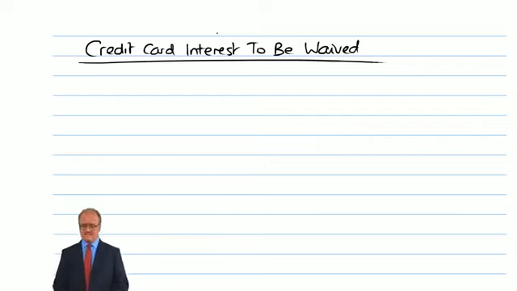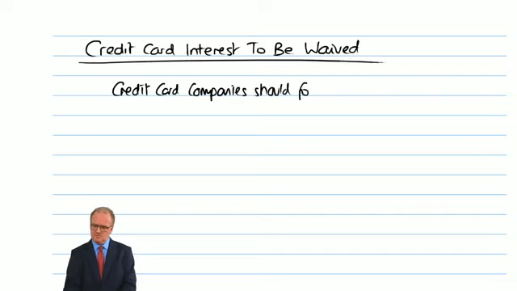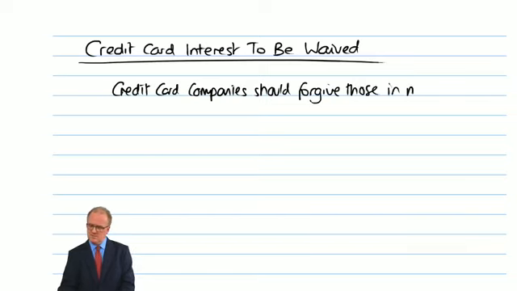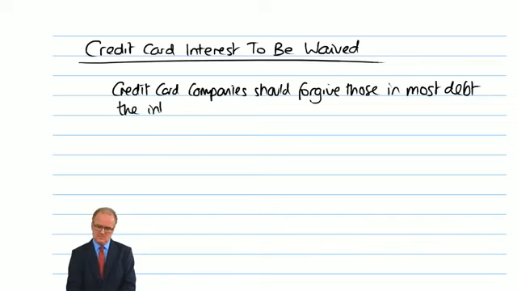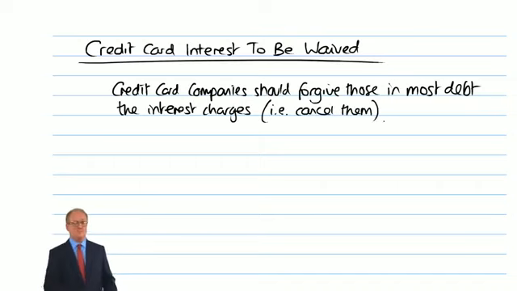And the UK government has suggested that credit card companies should forgive those in the most debt the interest charges that they've racked up over the years, i.e. cancel them, to give people a chance of paying off at least some of what they owe.